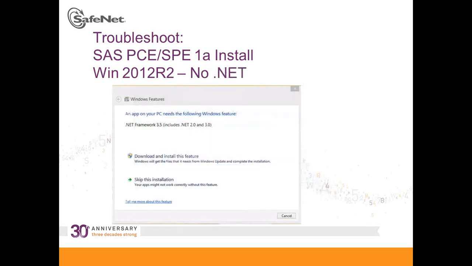If you do not have .NET installed, you'll be prompted to install .NET. And again, we require .NET 2.05 or above. By installing .NET 3.5, that gives us the .NET 2.05 that we need.